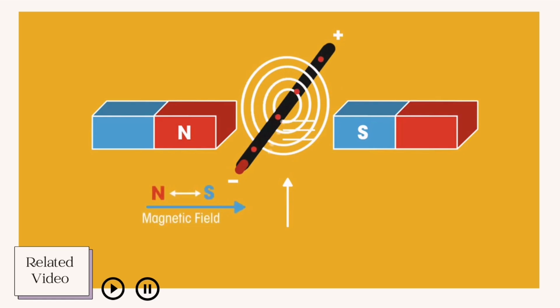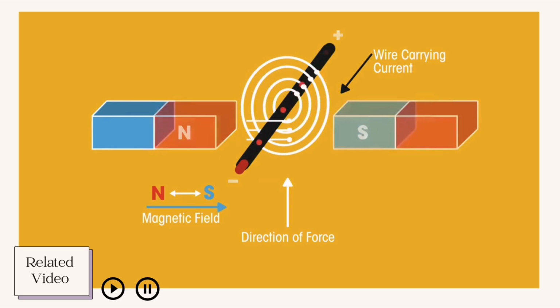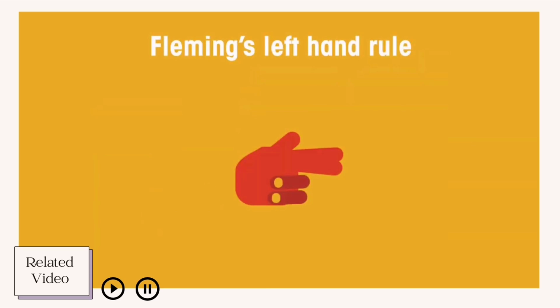So, magnetic field from north to south, the current going this way, and the force at right angles. We can use our left hand to help us remember what direction the wire is going to be pushed in. It's called Fleming's left hand rule. With your left hand, spread out your thumb, first finger and second finger, so they are all at 90 degrees to one another.